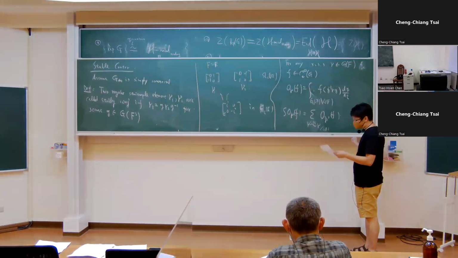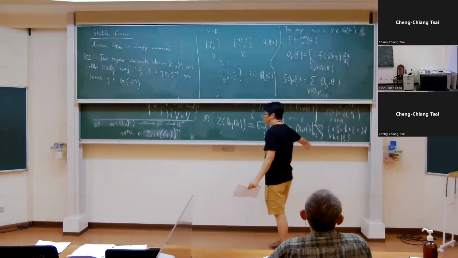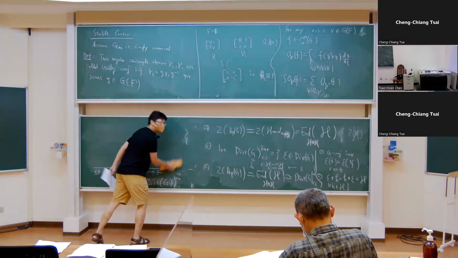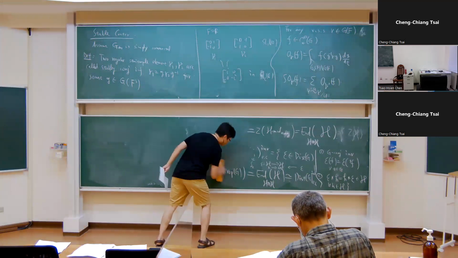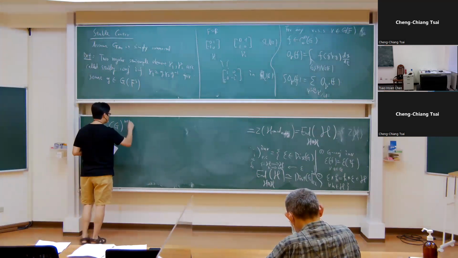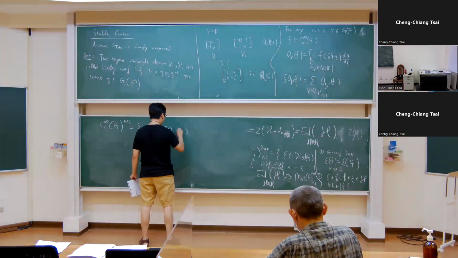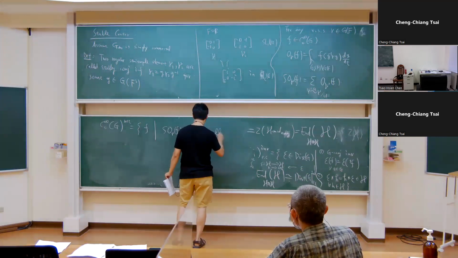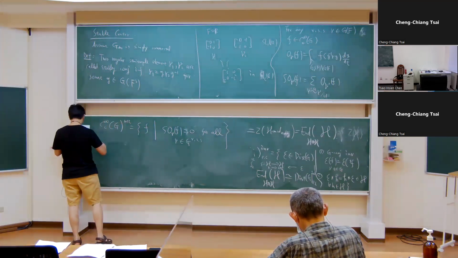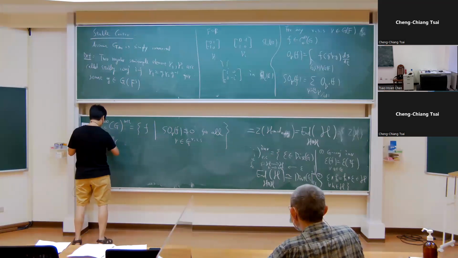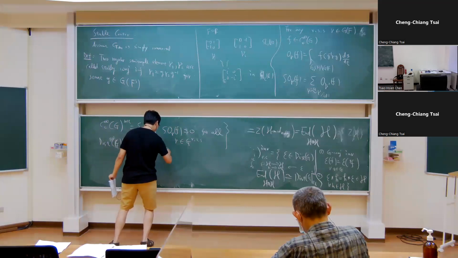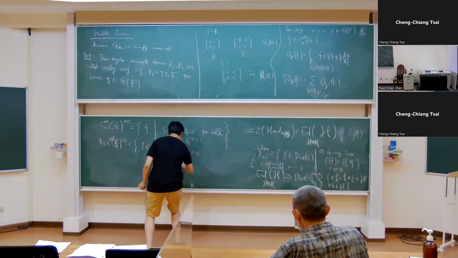Then you call a function unstable if all its stable orbital integrals are 0. So you can define C_c^infinity(G) unstable, which consists of f such that the stable orbital integral is 0 for all regular semi-simple gamma. Then stable distributions are those distributions whose value at any unstable function is 0.